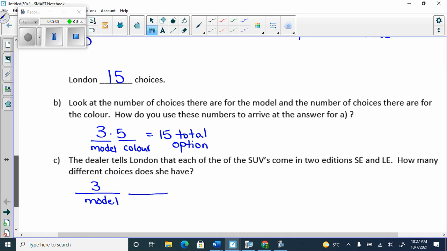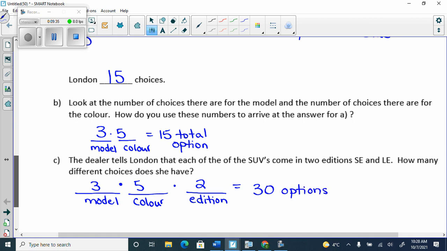Then we have the option of colors, and how many options? 5. And now we also have to pick an edition. How many different edition options? 2. When I multiply them out, how many options do I have? 30 options.